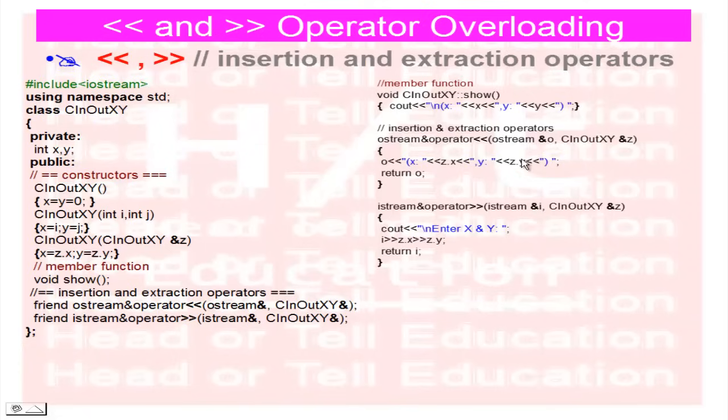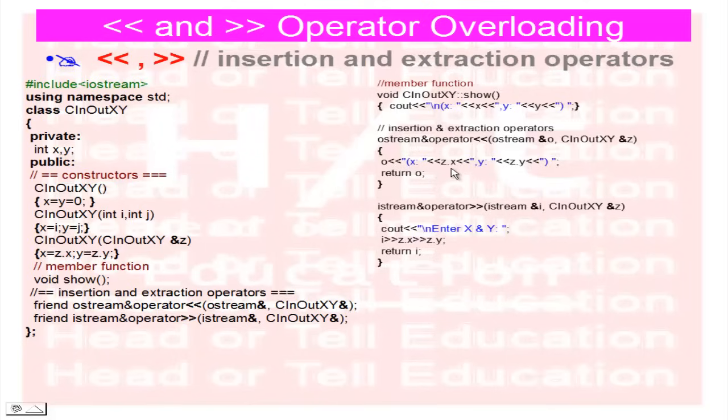Here I have created the ostream object o, where o is equal to cout. So all else is the same, and we can show the output like x colon, this is our output for our class object, with the format according to our class.